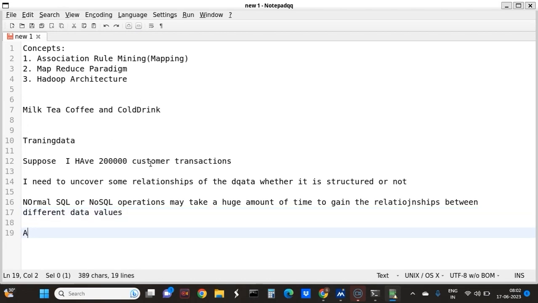So we develop machine learning, data mining algorithms for the above.